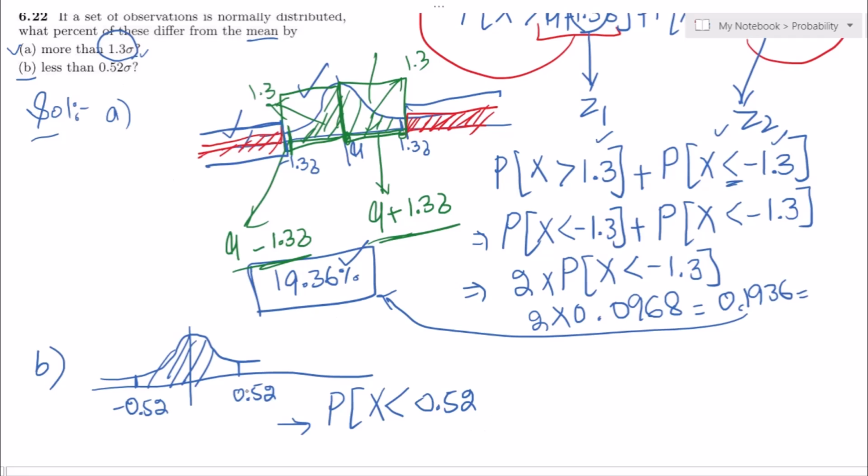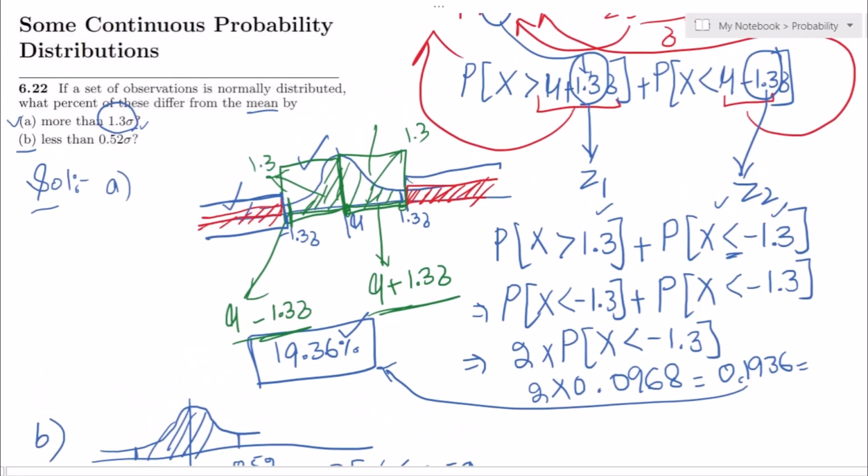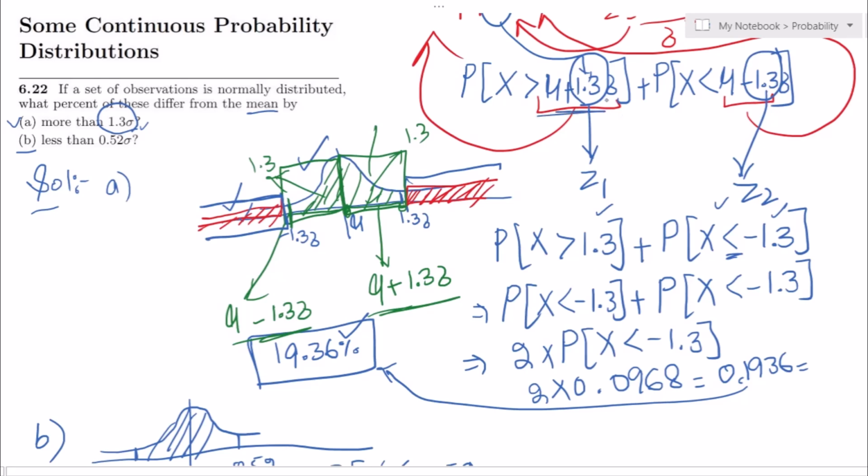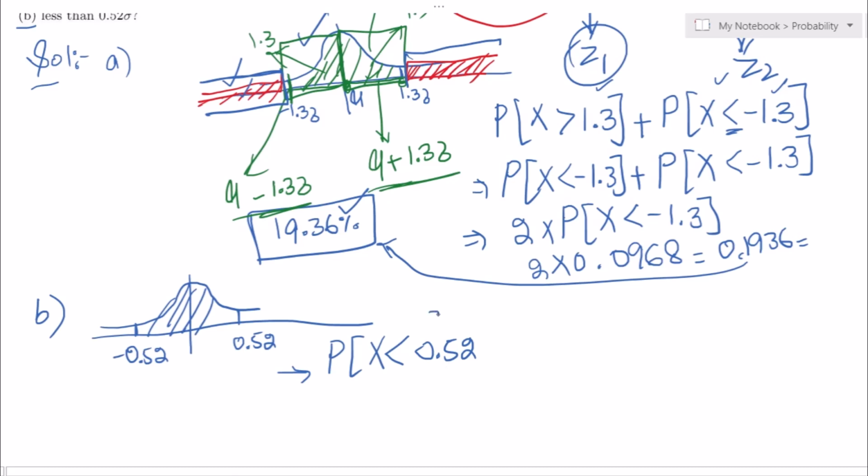After solving it, this would be the value of z1, and also here the probability that x is greater than minus 0.52.